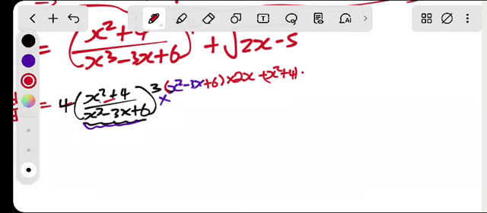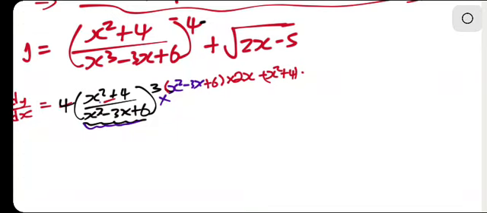Alright, we'll multiply this by the derivative of this whole thing. Now we drop the exponents, will be 3x squared minus 3.